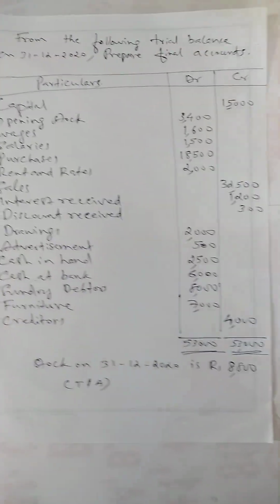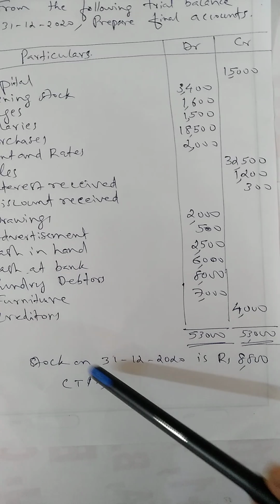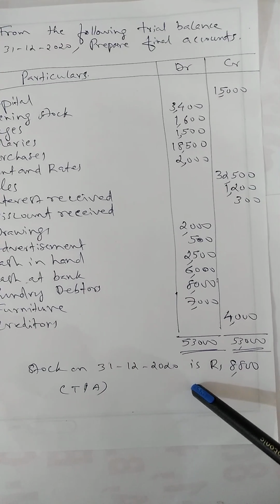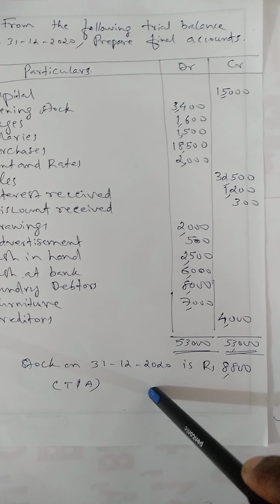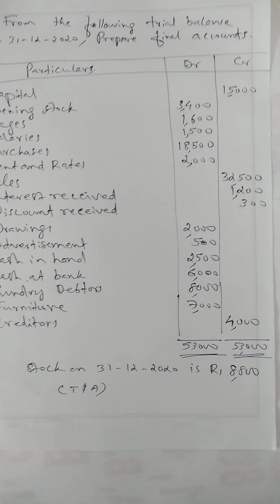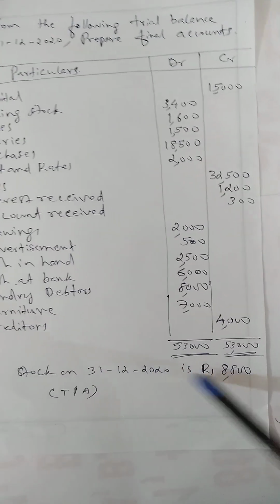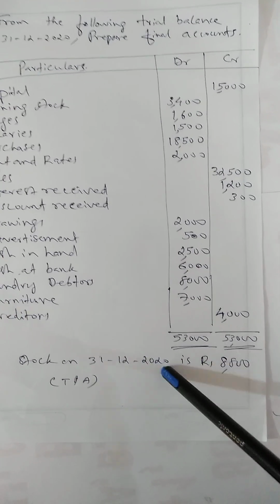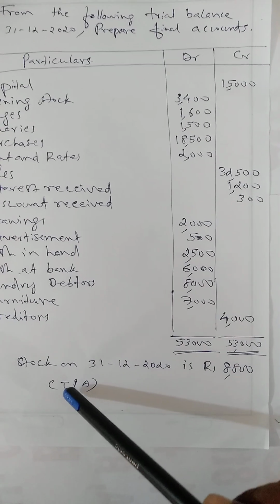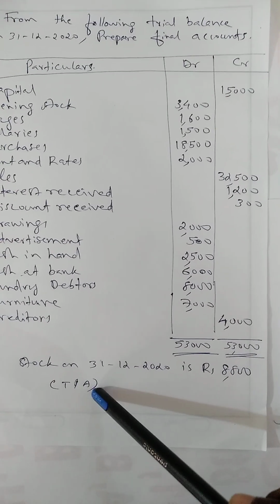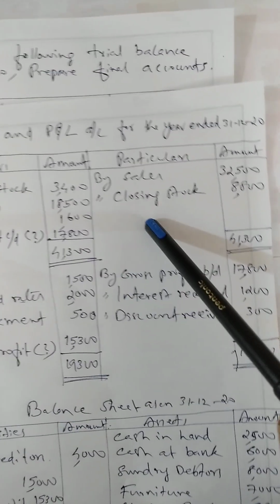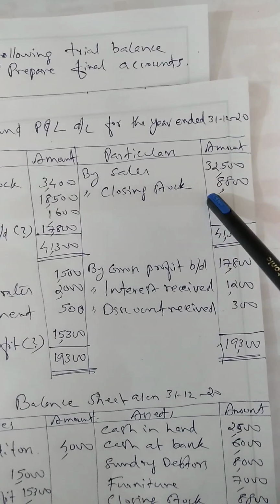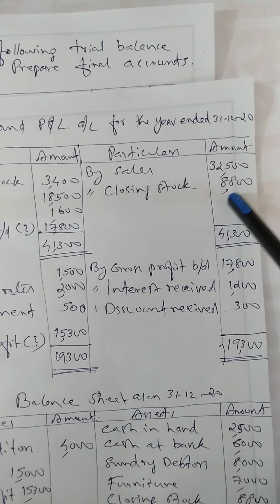I already told you that the adjustment must be placed in two places of the final account, isn't it? Here the adjustment is closing stock, 8,800. It must appear in two places. What are they? One trading account and another asset side. See, we already taken the closing stock on the credit side of the trading account.